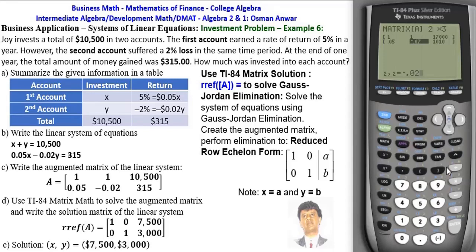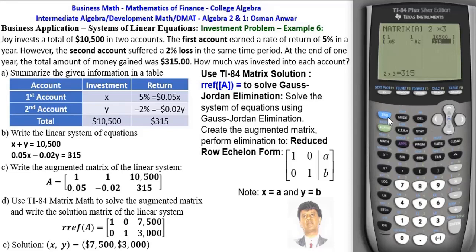Okay, augmented with 10,500 and 315. Make sure your entries are correct. So you have the x values are 1 and 0.05. The y values are 1 and minus 0.02, augmented with 10,500 and 315. Okay.